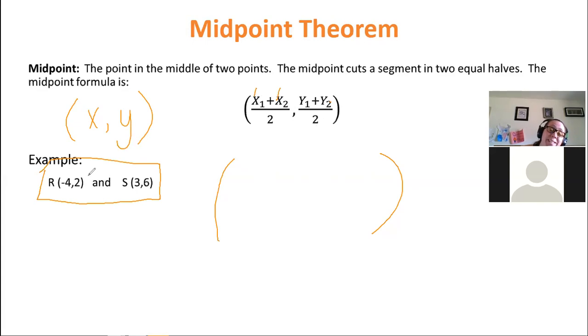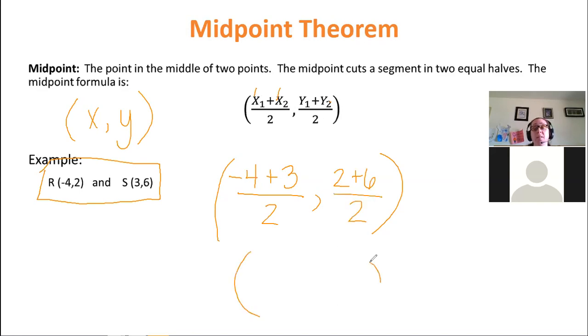So what are my x's that I would add together there? -4 and 3. Very good. So -4 plus 3 divided by 2. And what are my y's that I would add together? 2 and 6. Good job. Okay, then I'm going to do the math. -4 plus 3, what is that?